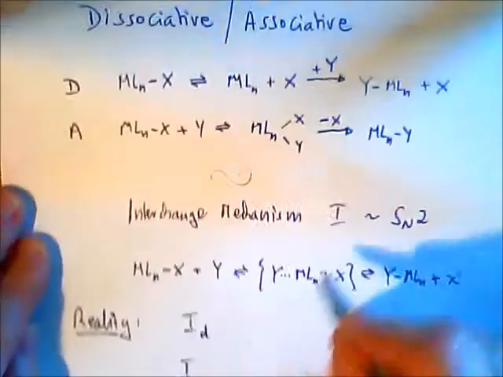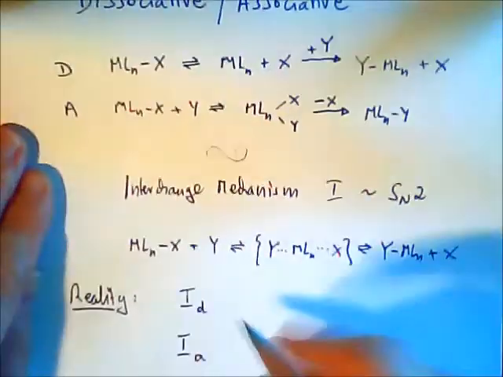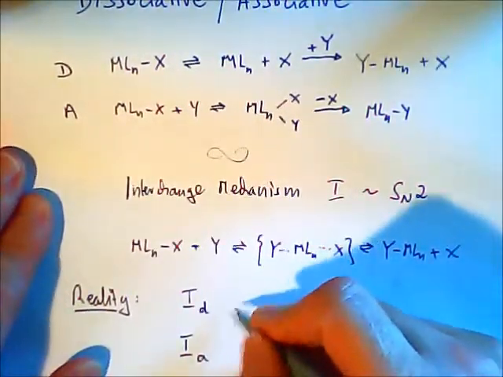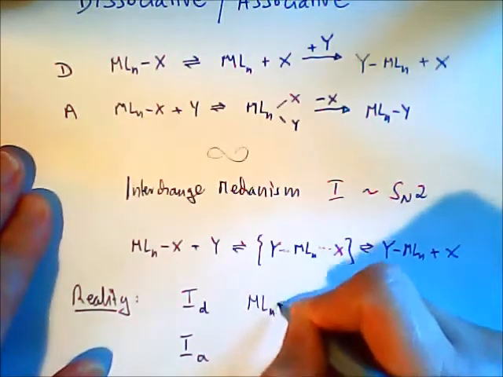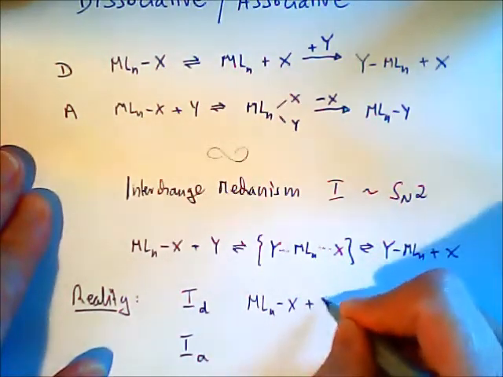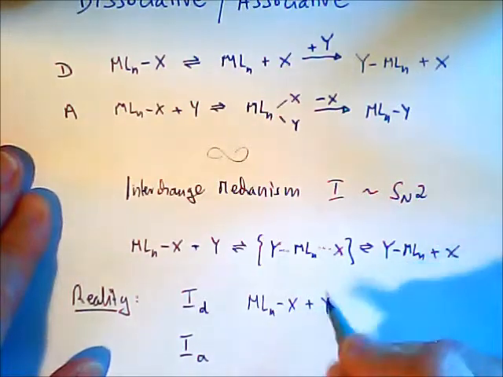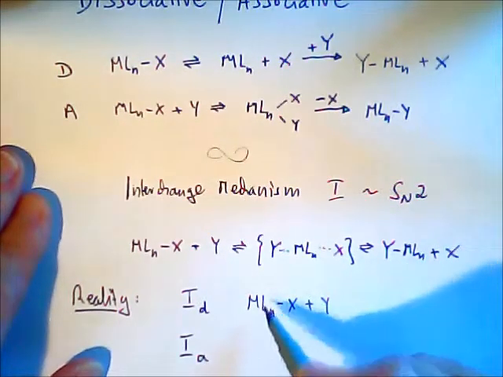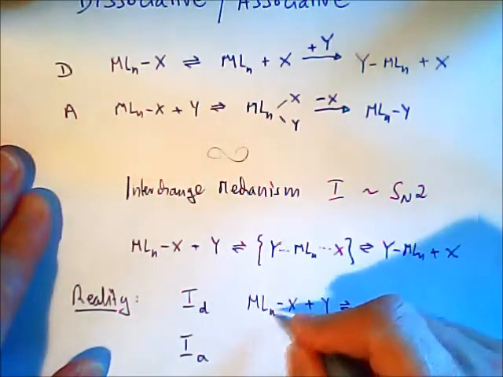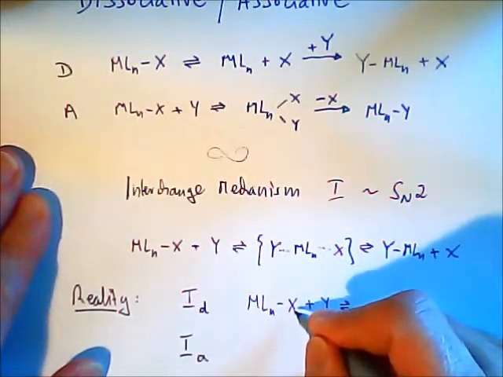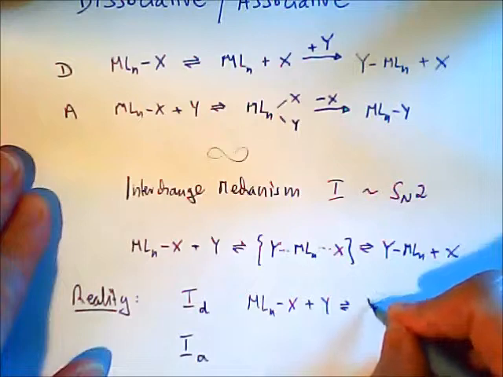Dissociative means that the rate limiting step is the dissociation. So again, we have this kind of reaction. The ligand Y comes close to the metal, and then the metal-X bond becomes loose.